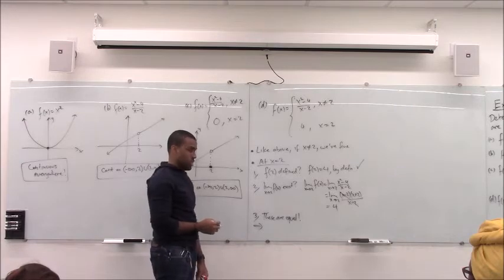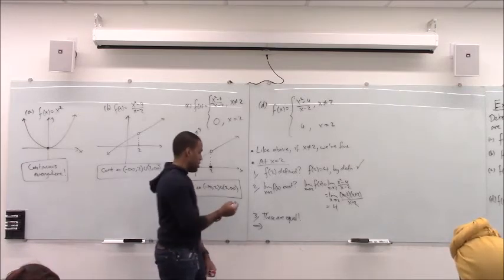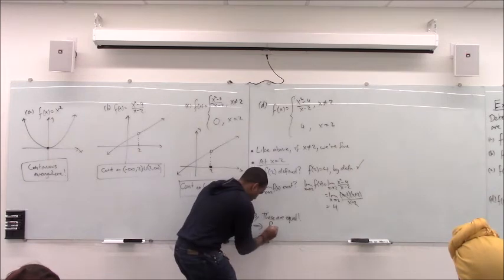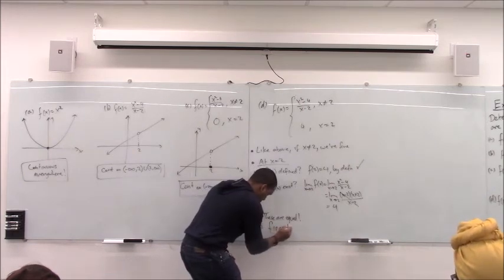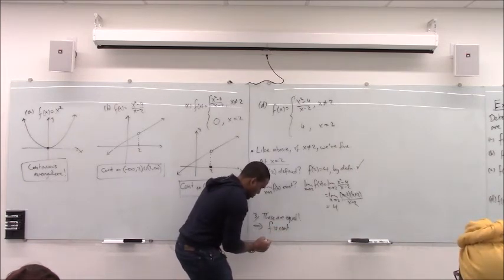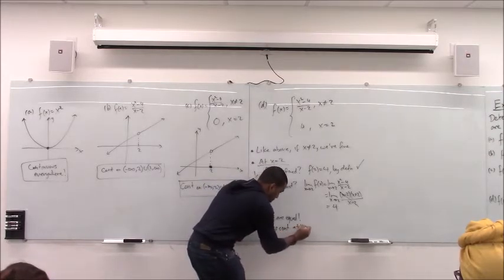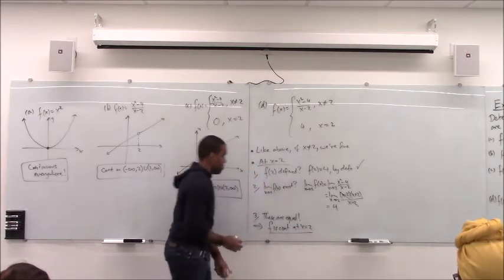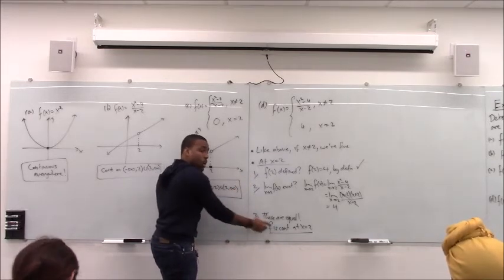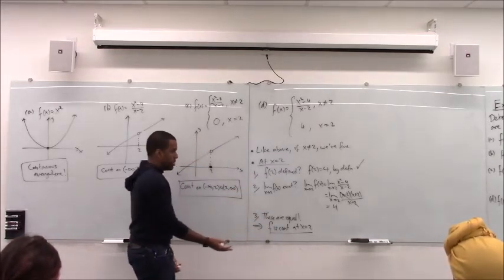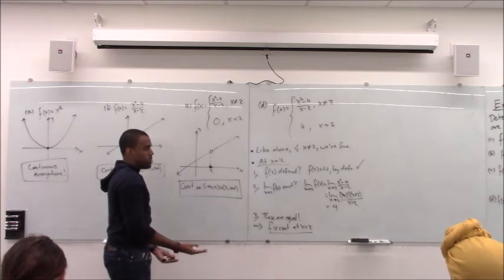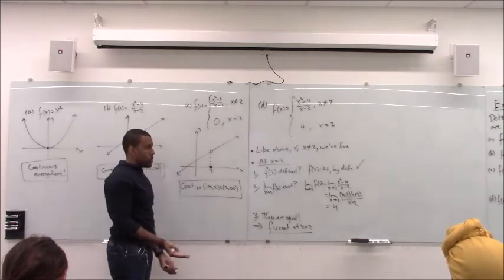What we can conclude, based on the rules and definitions, is that f is continuous where? At 2 specifically, right? These 3 bullet points give us that one point. How can you make the conclusion that it's going to work everywhere?